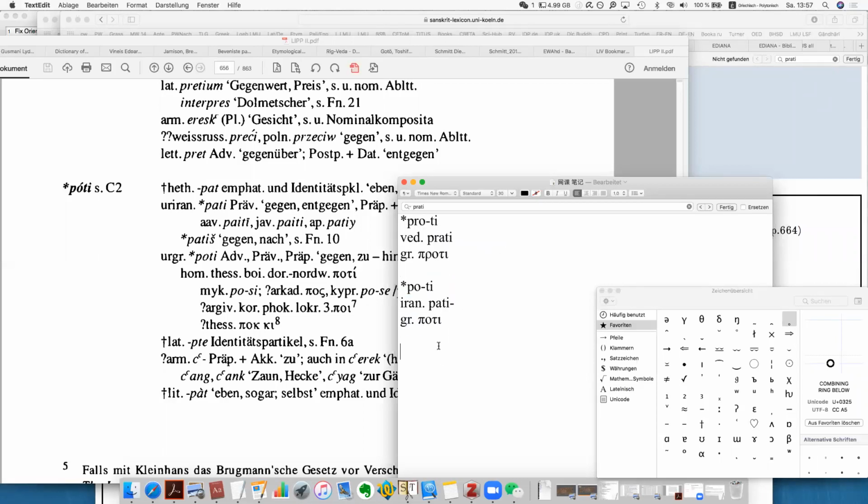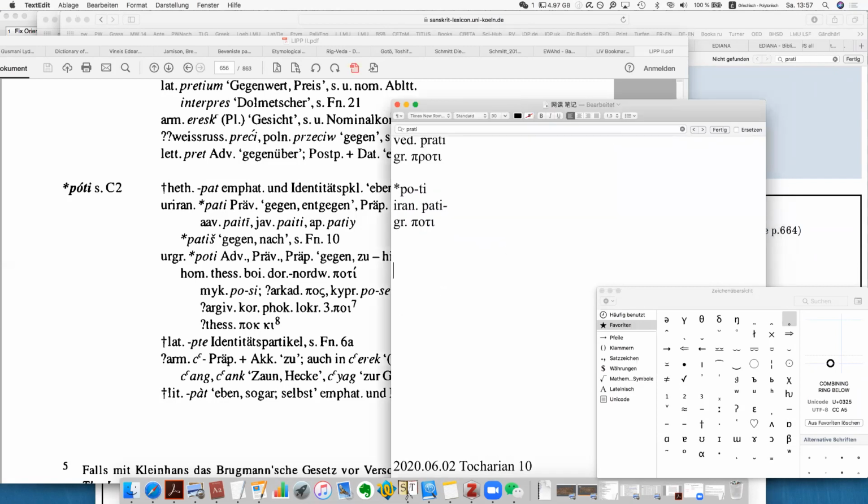And this tells us something about the word for asking. So this is Old Persian. Originally, it means to ask, right?